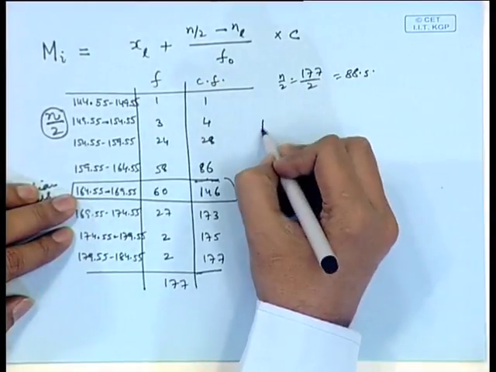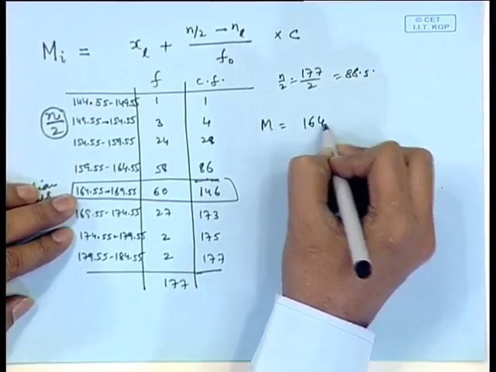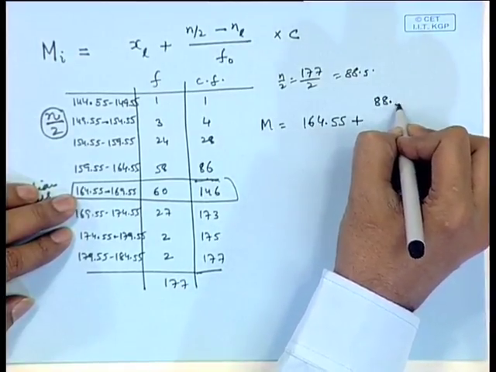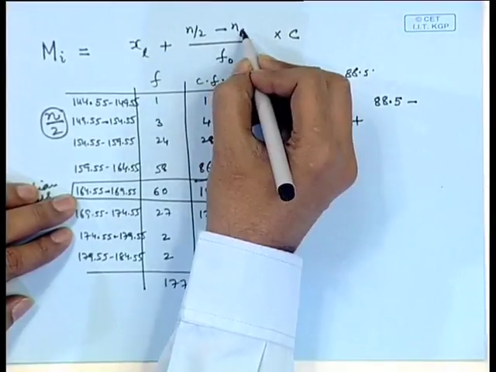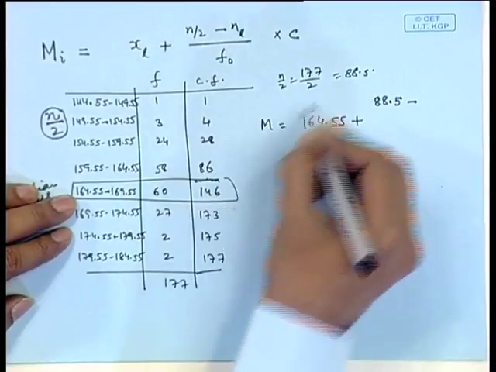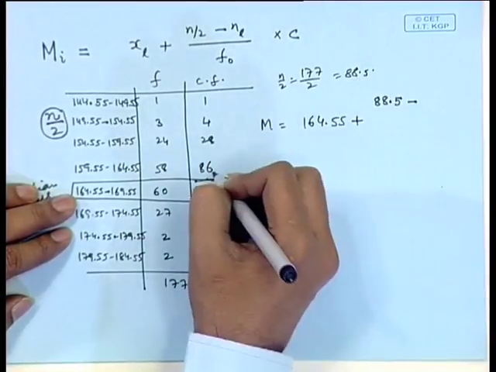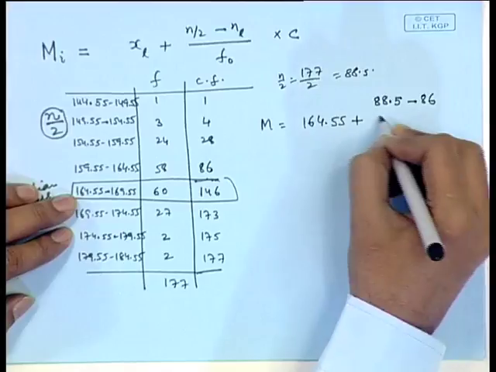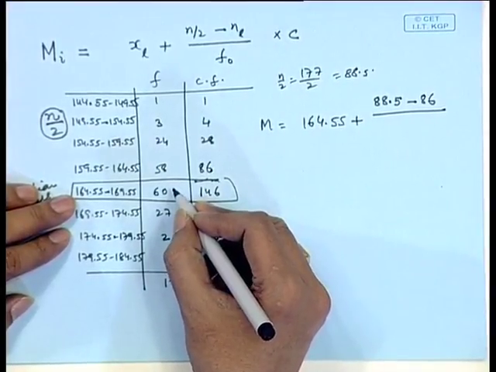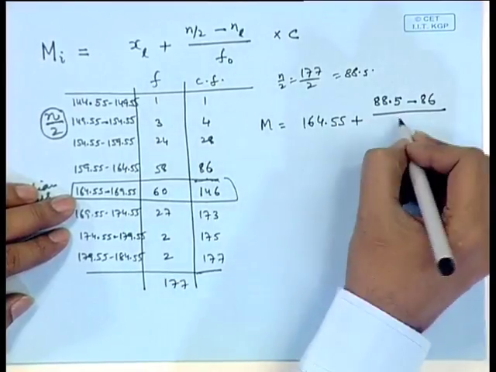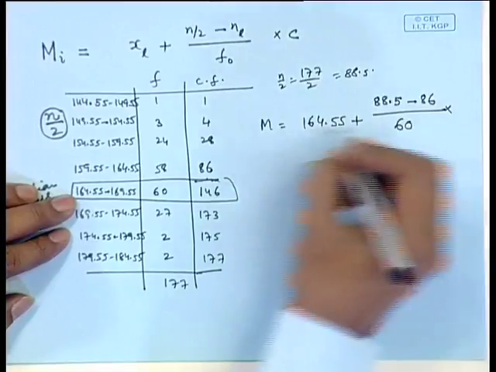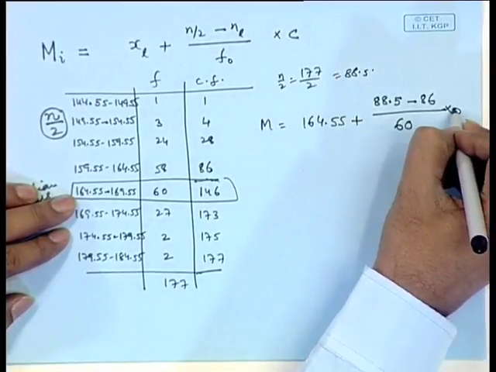So, in this formula the median will be 164.55 plus n by 2, that is 88.5, minus n L. n L is the cumulative frequency occurring just before that class, that is 86, divided by f naught. f naught is the frequency of the median class, that is 60, multiplied by C. C is the length of the class interval.